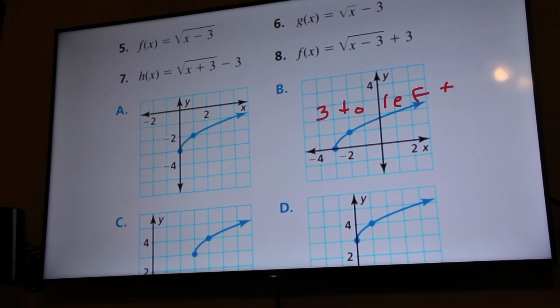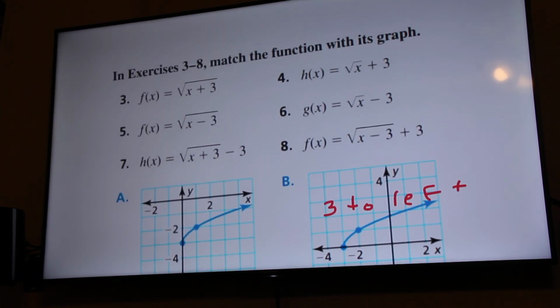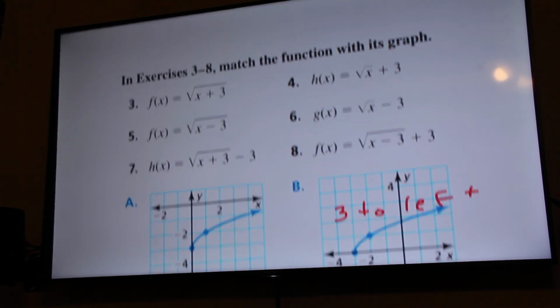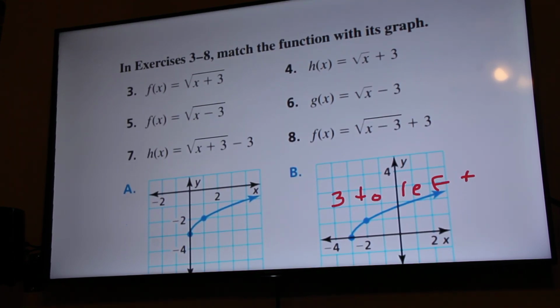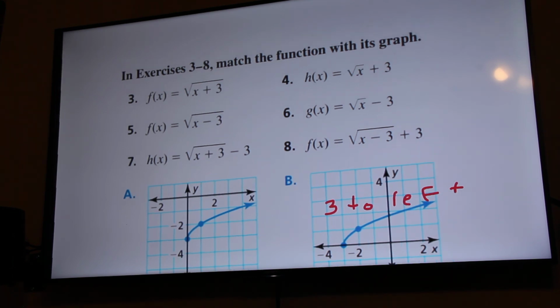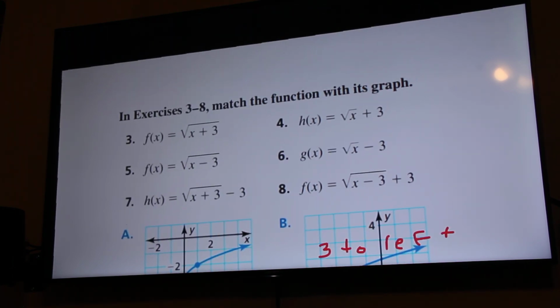Now how do I know that this is the right one to pick? Again, I'm going to compare it to the original function. These are all compared to the parent function. Let's just call it parent function p of x is equal to the square root of x. So that's my original function.